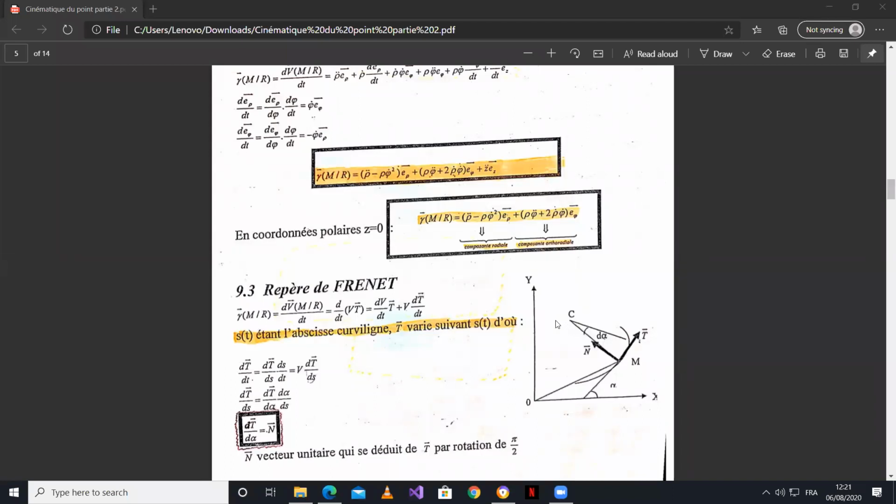So as S keeps on varying and changing, as the distance keeps increasing or decreasing, even the tangent is going to change following the changes in S. That's what this statement here that's been highlighted in orange is telling us. You can just try to imagine this as a point moves on the curve. The tangent at the point where M is going to be different from when it changes its position and goes to another point on that curve.